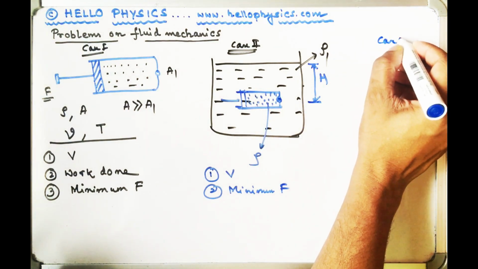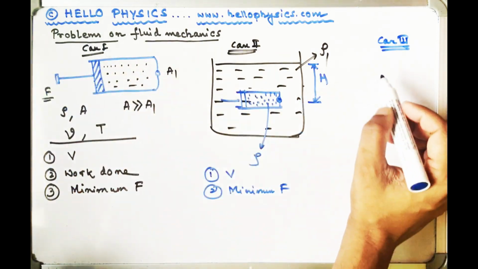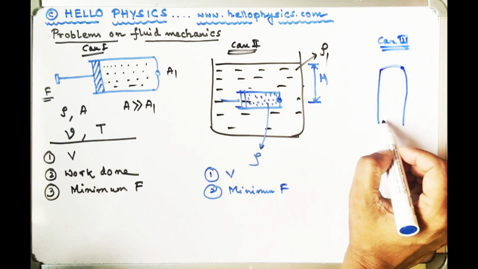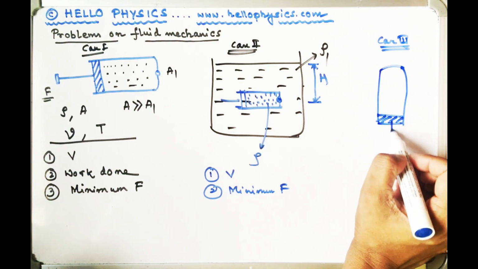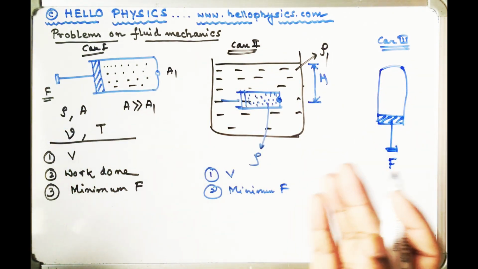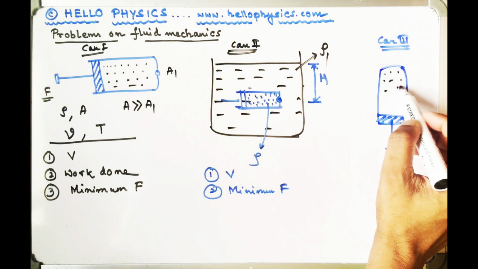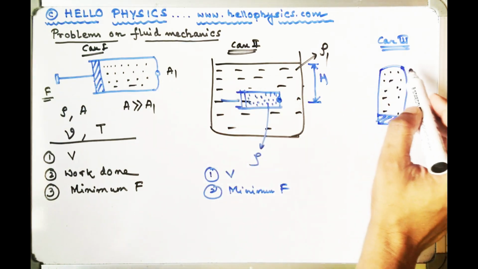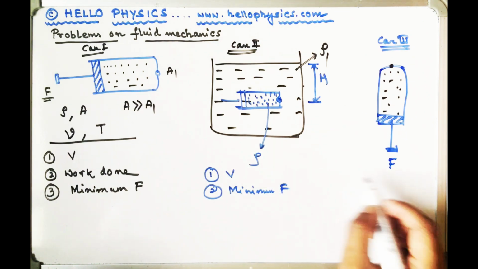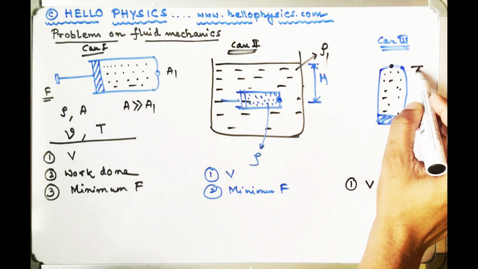Next, you have to solve one more case, which is case 3. In case 3, the piston along with the cylindrical shaped pump is taken in a vertical position, something like this. The same constant force F is applied, the same fluid is inside, the cross-sectional area is the same, that is A1. What you have to do over here is find out how velocity varies as the piston moves up.